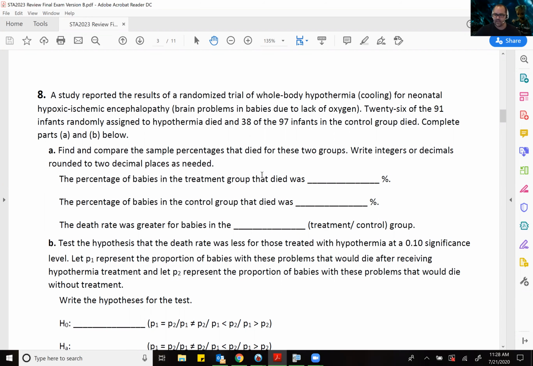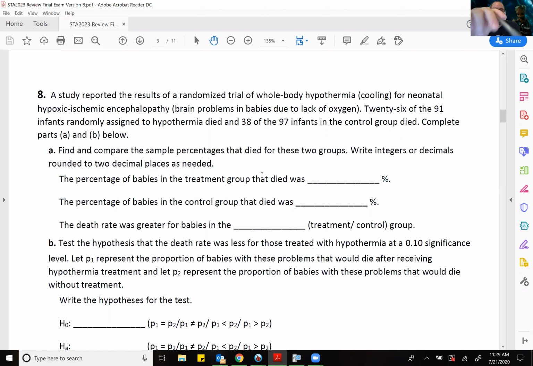So part A. So let's read and find out what we got here. So this says a study reported the results of a randomized trial of whole body hypothermia cooling for neonatal hypoxic ischemic encephalopathy.